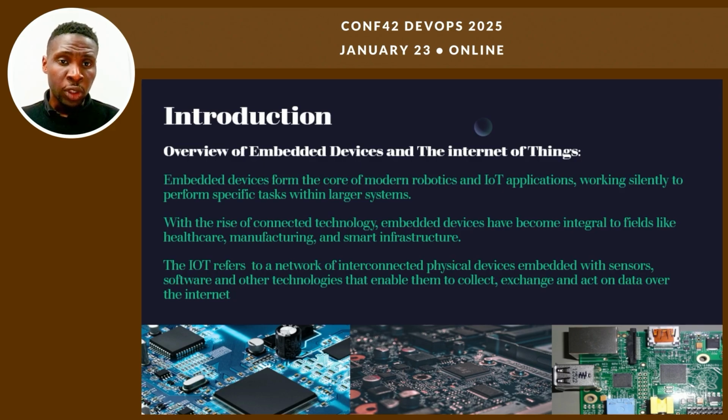Now, we've talked about embedded systems. Let's talk about what IoT is: devices embedded with sensors, software, and other technologies that enable them to collect, exchange, and act on data over the internet. So basically, these IoT systems collect data, exchange the data, and act on this data over the internet. For example, in the healthcare sector, these IoT embedded devices could be used to monitor and track a patient's health.